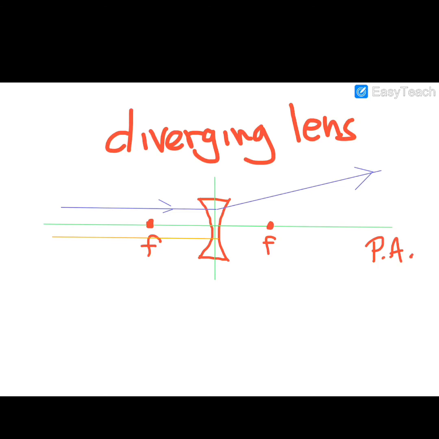So I'll draw another one in. This one in orange. It diverges away from the principal axis in just the right direction as if it came from the focus on the other side of the lens. And once again, I'll trace that back for you. There it goes, right back through the focus.